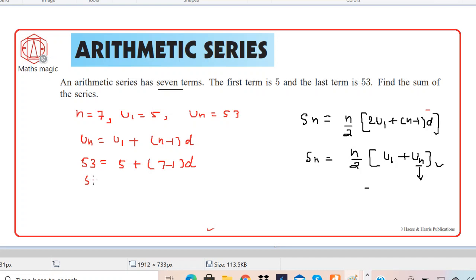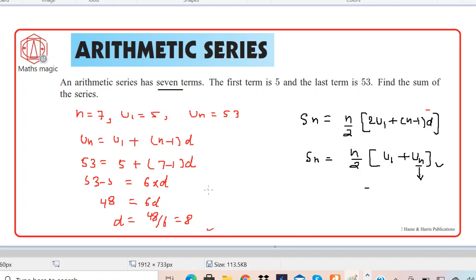It becomes 53 minus 5 is equal to 6 times d. 53 minus 5 is 48. So 6d is 48. So d is 48 divided by 6, which is 8. So we got d is equal to 8.